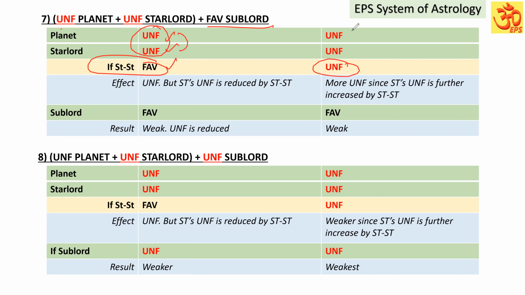You can compare here, all 3 are unfavorable. So the impact is going to be more unfavorable. Here, this will be unfavorable because the star lord's unfavorable is reduced by the star lord of the star lord. But here it is going to be more unfavorable because the star lord's unfavorable strength is further increased by the star lord of the star lord.